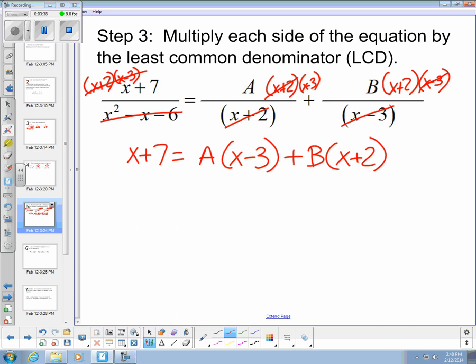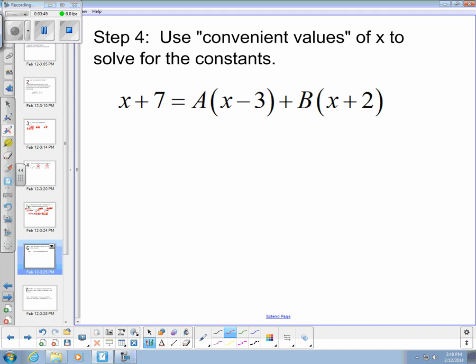So now I have an equation that has no fractions, but I still have lots of variables. So how am I going to solve? Remember, we're trying to find what A and B equal. Okay, so here's the equation, and we're going to use something called convenient values of x to figure out what A and B are. Convenient values are the numbers that will make these factors equal to 0.